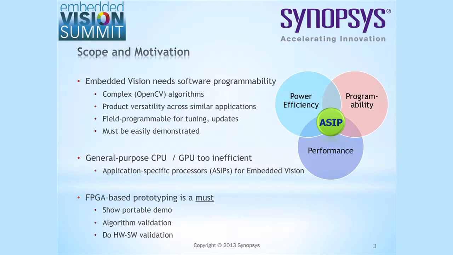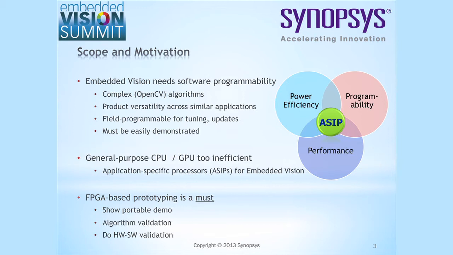By following the literature, it's well known that for a lot of cases, the general purpose CPU and GPU is too inefficient, meaning it's either too slow, it eats too much power, or the footprint is too large.